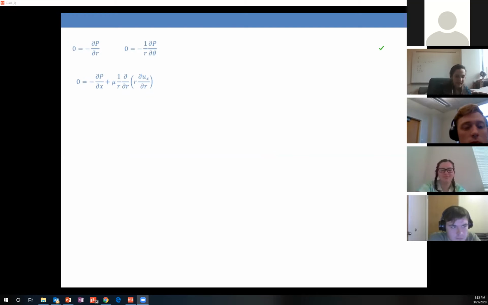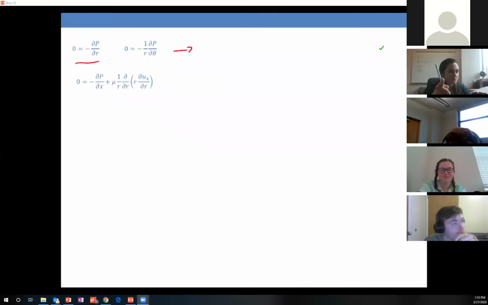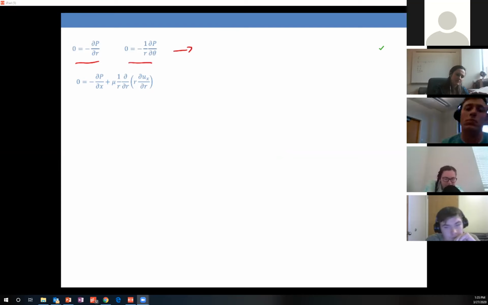And so what does it tell us that dp dr is equal to 0? What does it tell us about pressure? Pressure does not change across R. Yeah, it doesn't change across R. And what about this one?